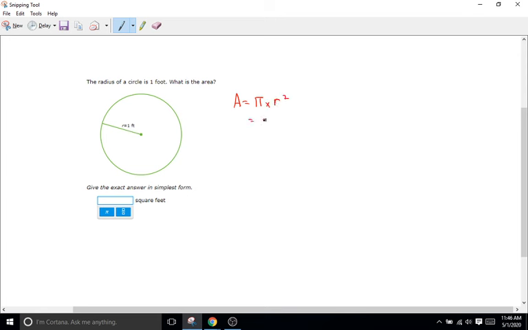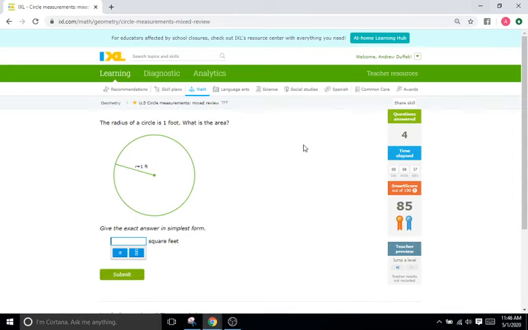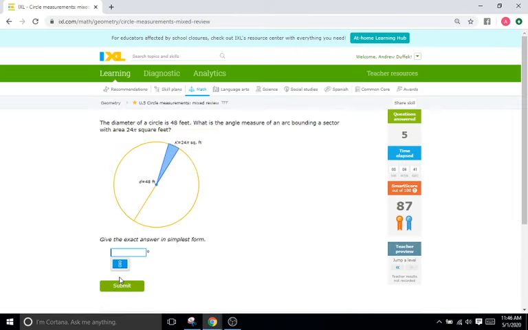So we have pi times the radius is 1, so we have times 1 squared. Well, 1 times 1 is just 1, and 1 times pi is just pi, so it's just going to equal pi. So we'll go back, we'll do pi, and there we go.